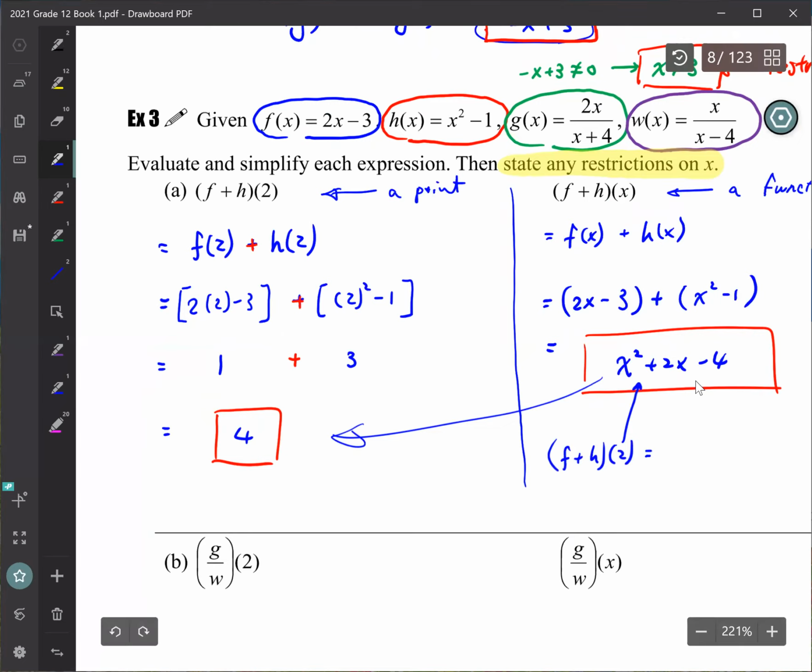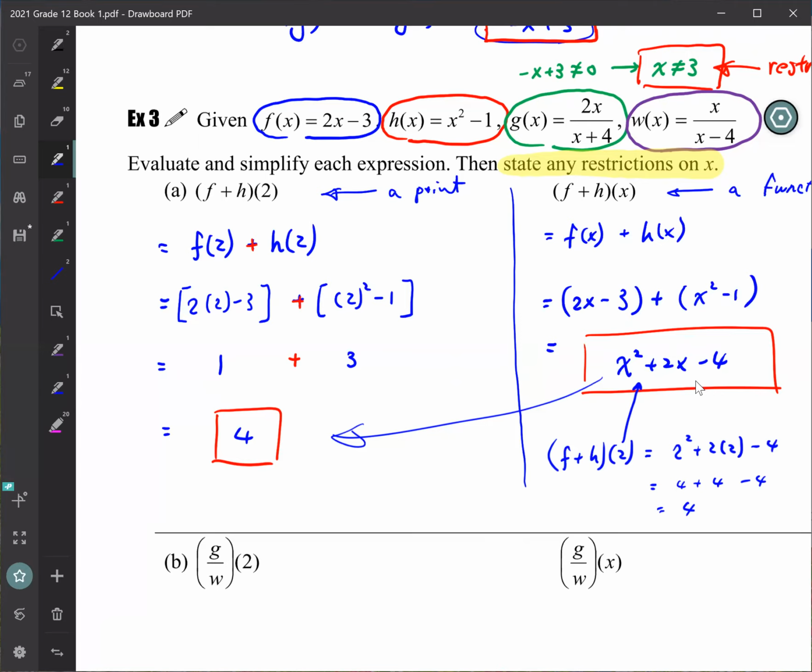Let's try it out. 2 squared plus 2 times 2 minus 4. That's 4 plus 4, that's 8. Minus 4 gives you 4. So this can find the output for any number you put in, because it's the resulting function.